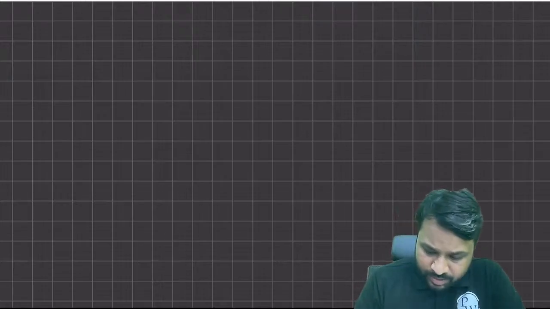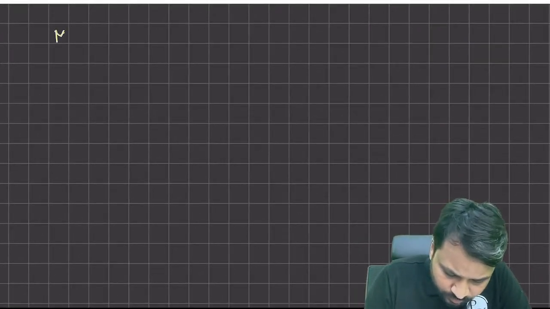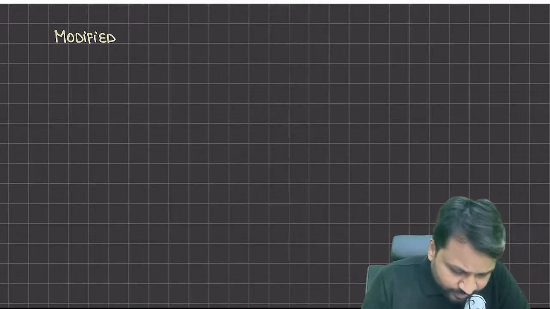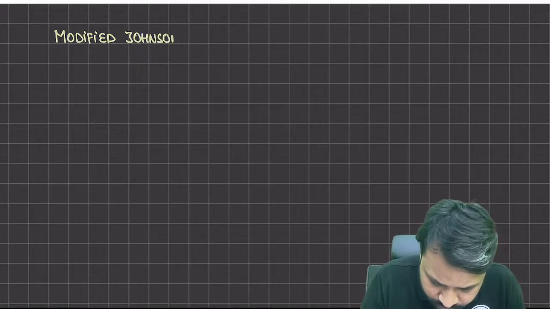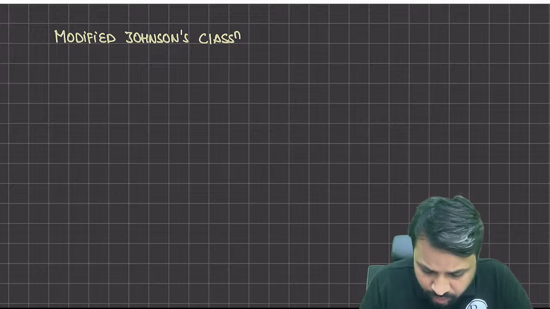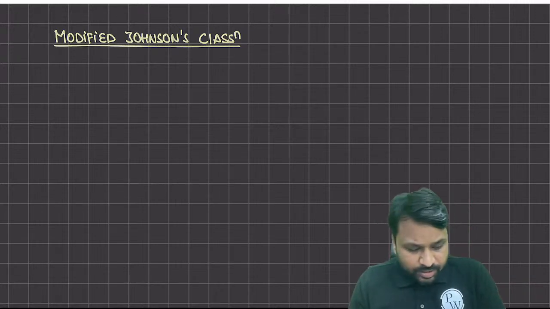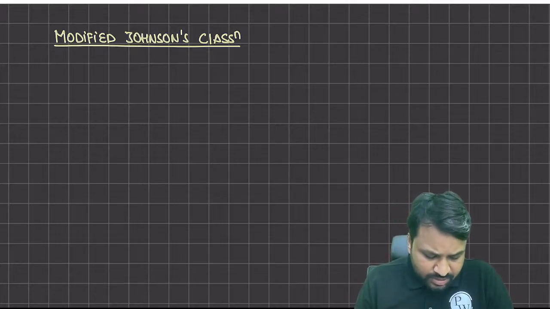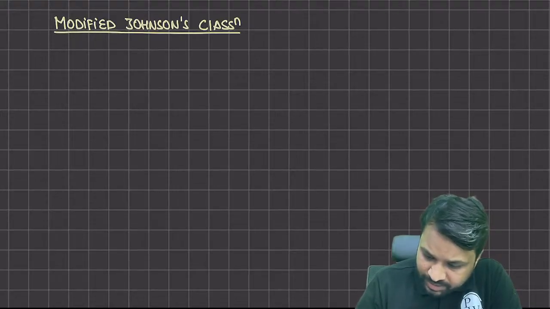So, if you remember, according to the modified Johnson's classification, what is type 1 gastric ulcer? You remember modified Johnson's type 1, quick feedback. You remember type 1 gastric ulcers?